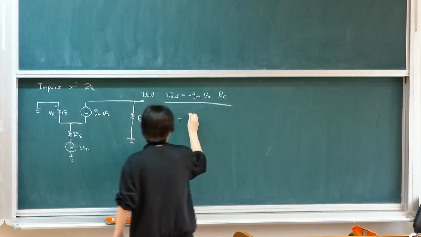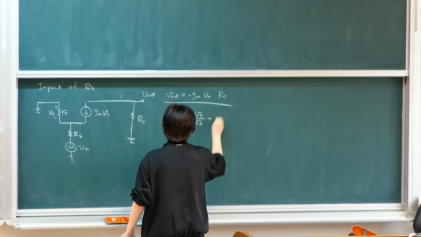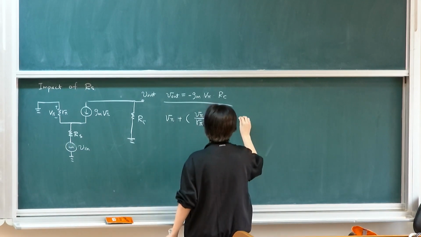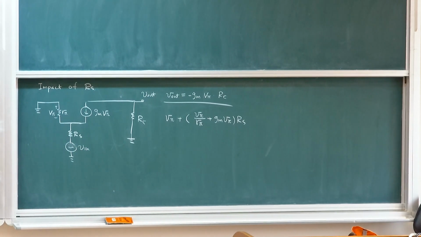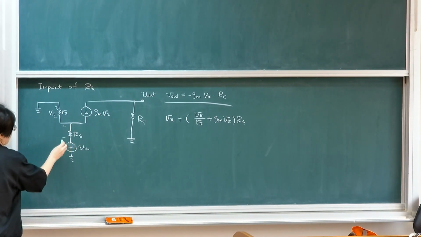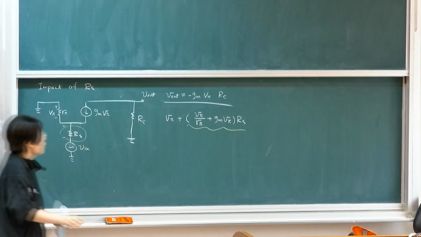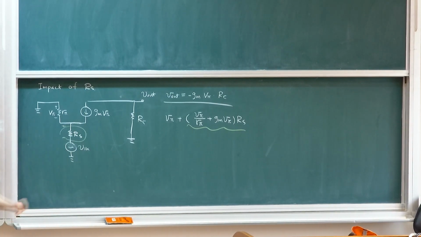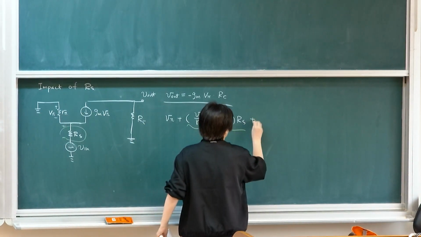The current coming down is V pi over R pi plus gm V pi, times RS. This is the voltage across the source resistance, given by the current coming down across this resistance, and then plus Vn.